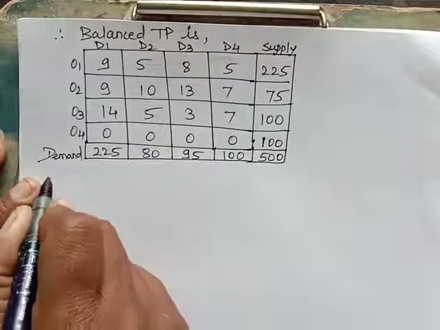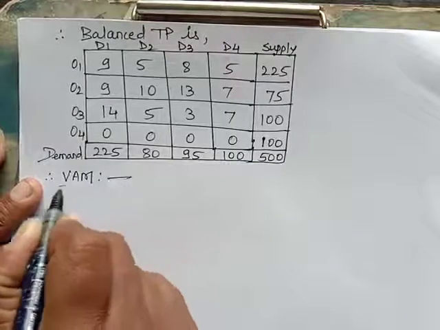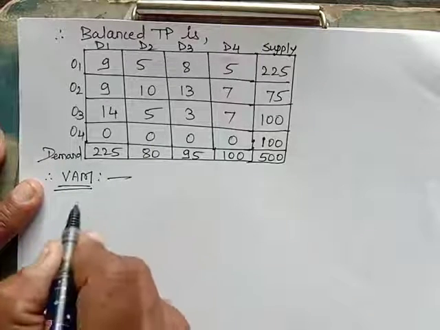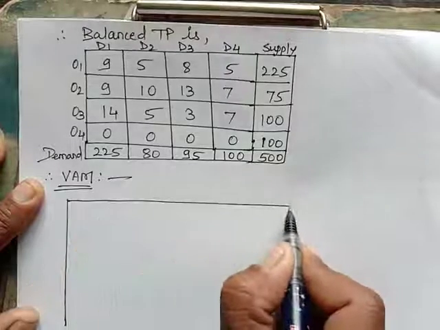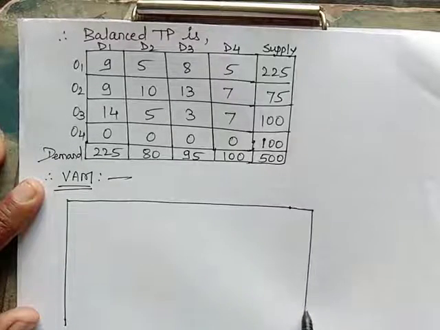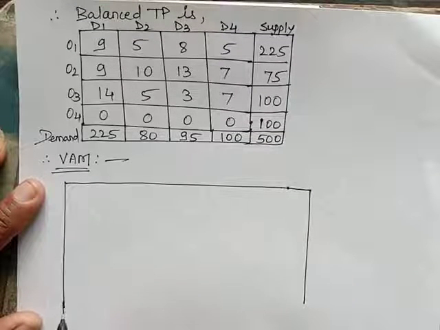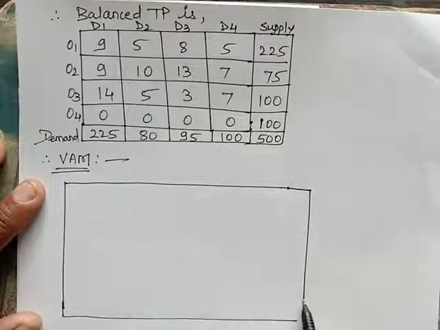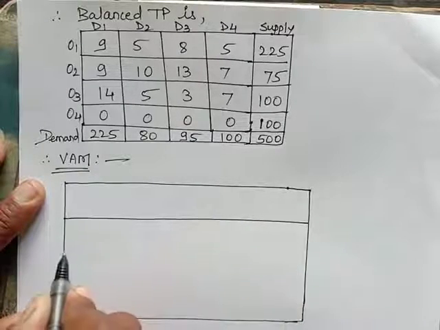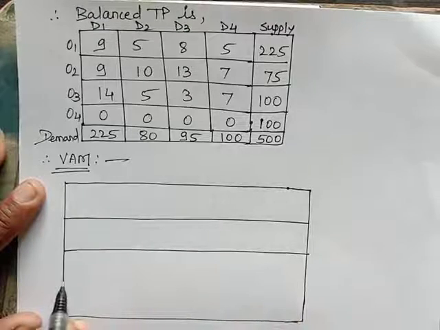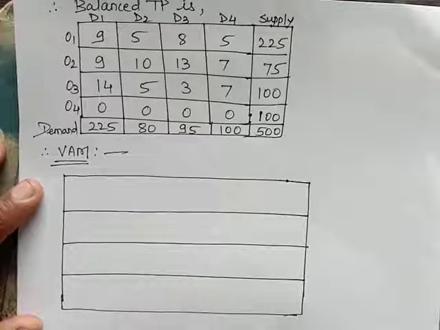Therefore now VAM, let me apply VAM on it. Using VAM, let's find out the initial basic feasible solution for this. So 1, 2, 3, 4 and one more we need for demand.